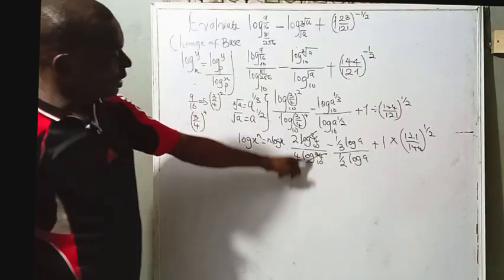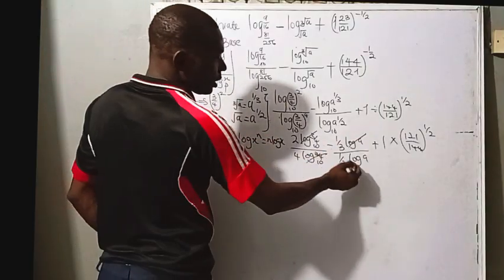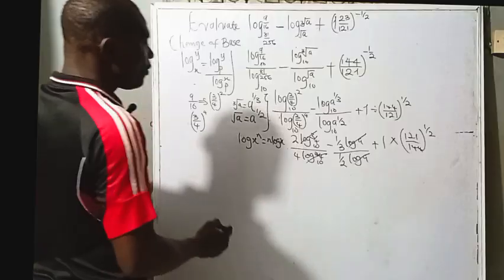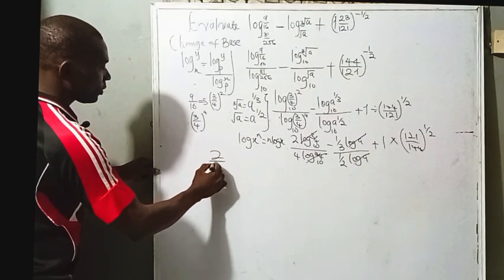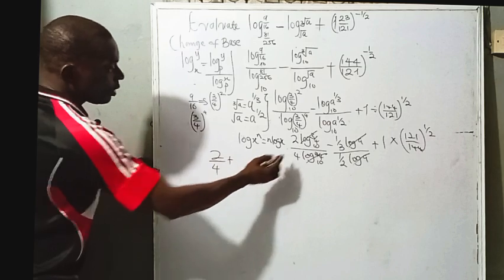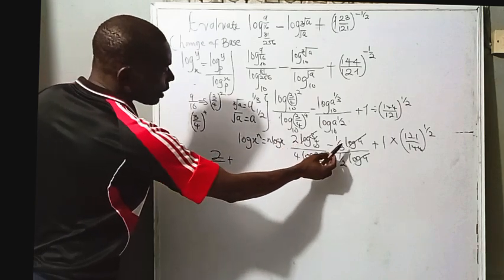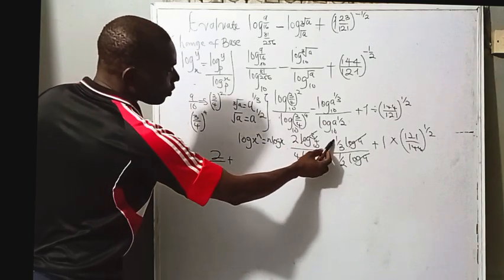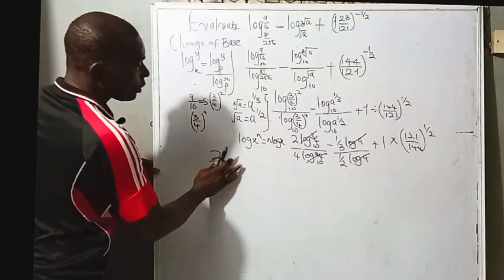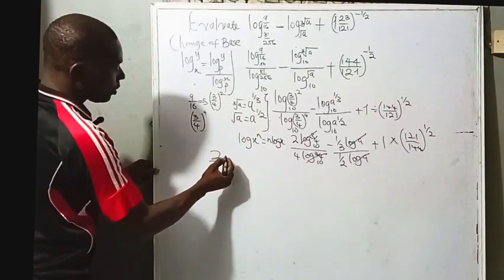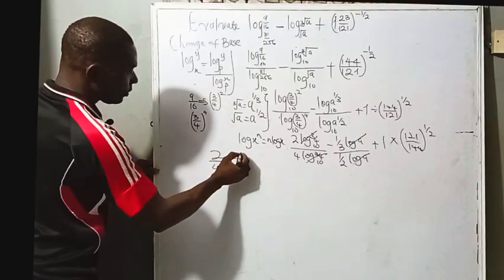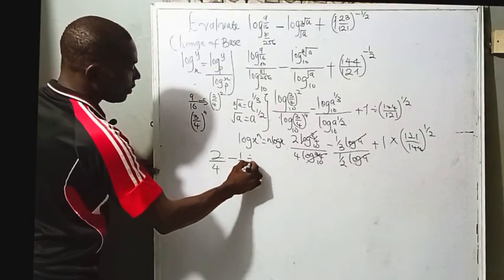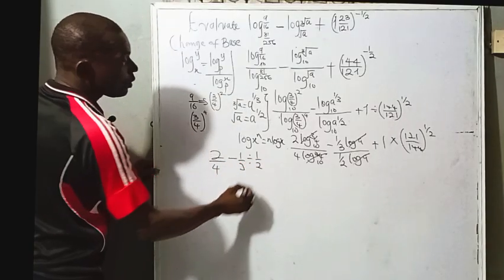So this logarithm, they are the same, so you go out. If you look at this, it becomes 2 over 4 plus, look at this here, what we have here is 1 minus, let's say minus 1 over 3 divide 1 over 2.